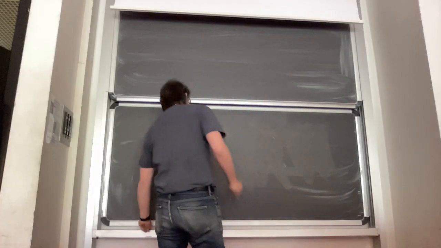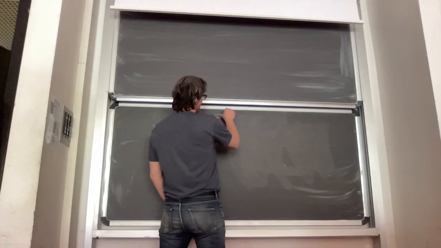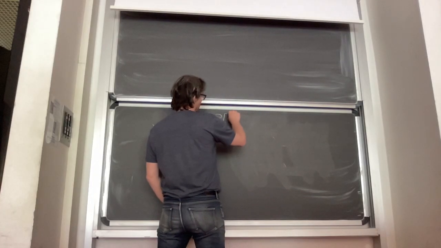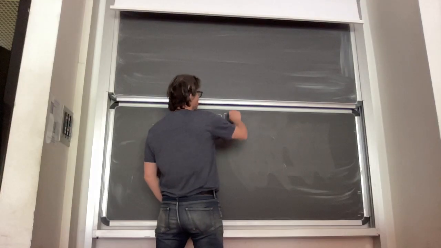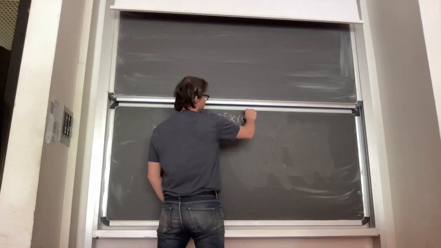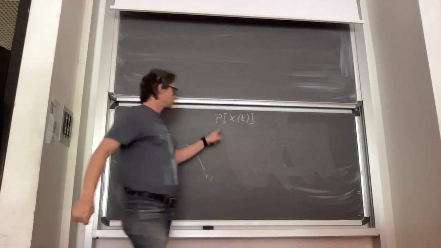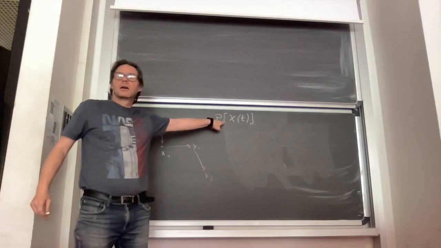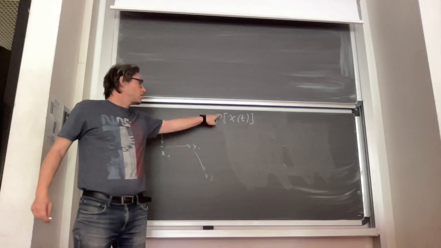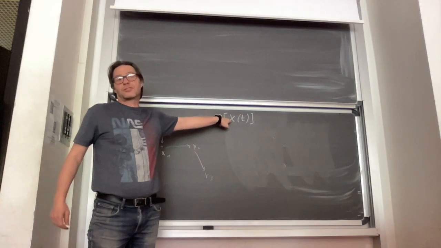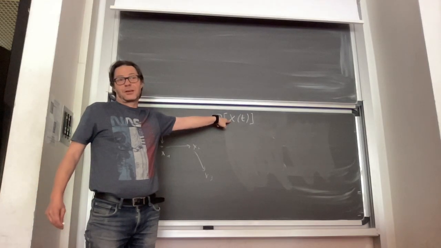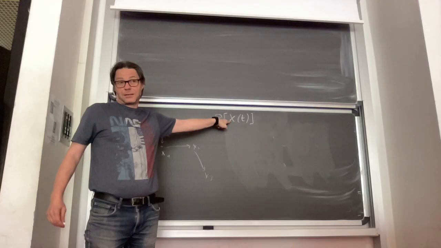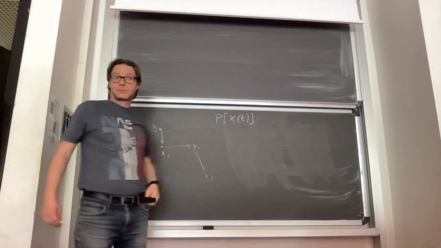So, the main result we achieved yesterday was to express the probability of a path, which I now will write in the following way. I express a probability with square brackets, and I use square brackets because this is a probability that depends on a function now, rather than on a variable. So technically it's a functional. Okay?